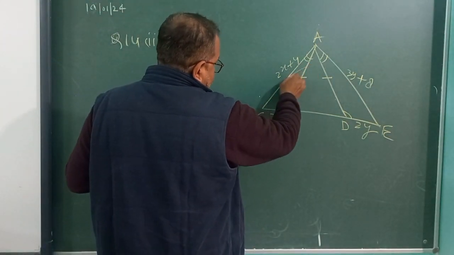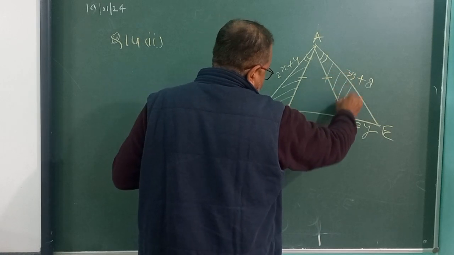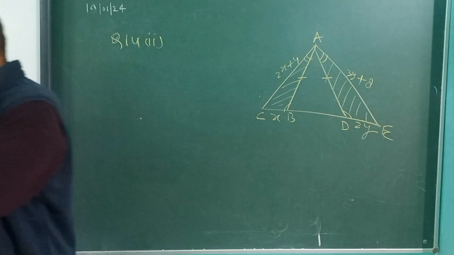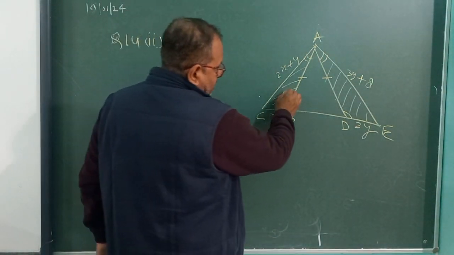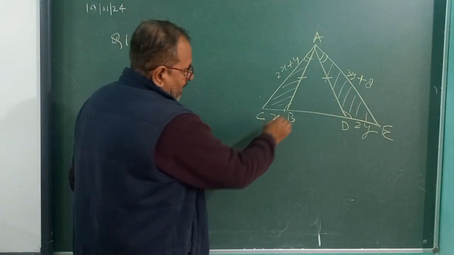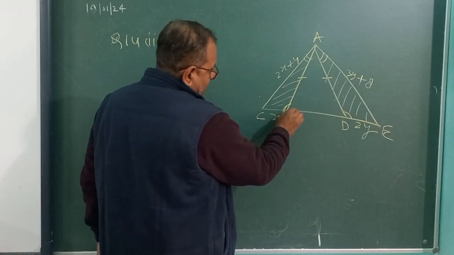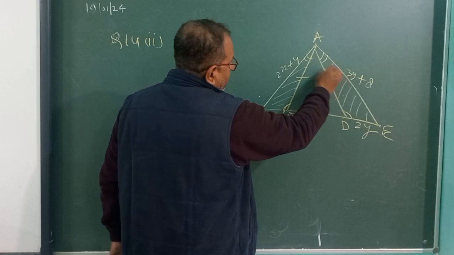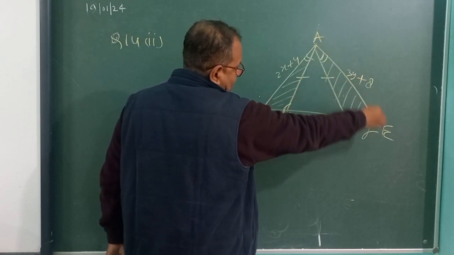See these two shaded triangles and check whether they are congruent or not. Angle B is equal to angle D. It is given. Side BA is equal to DA. It is also given. Angle A is equal to this angle, angle BAC.